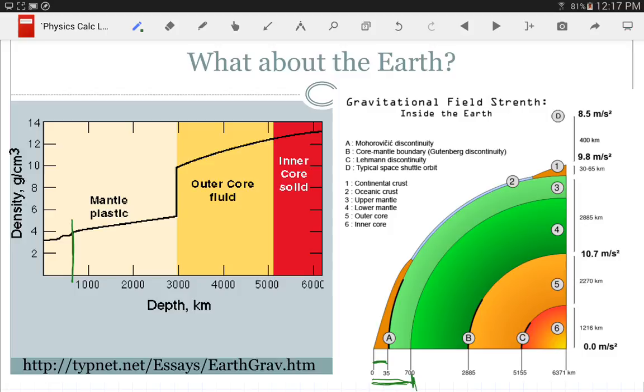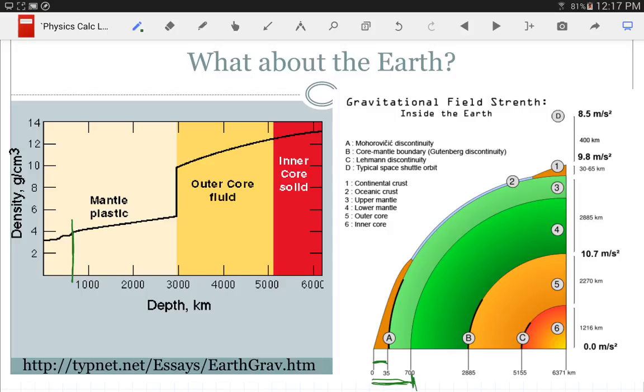It is basically the same type of stuff that we have in the crust, but it's compressed at a high enough temperature that it just kind of oozes. Like very thick molasses.